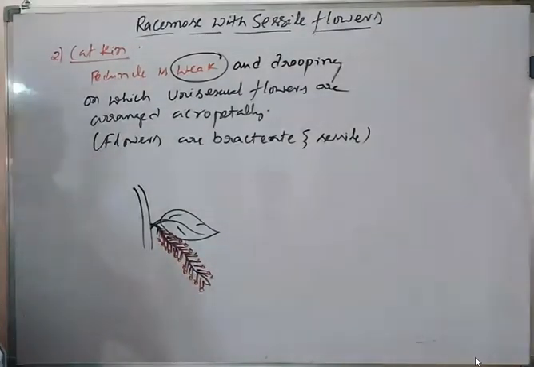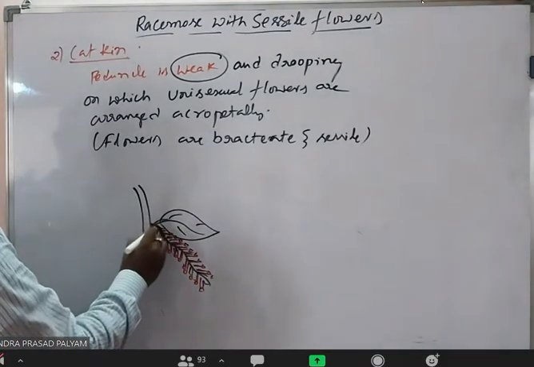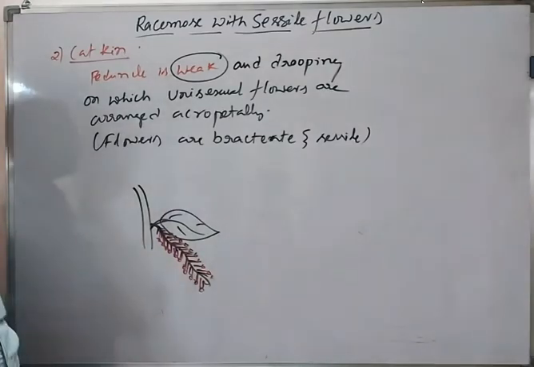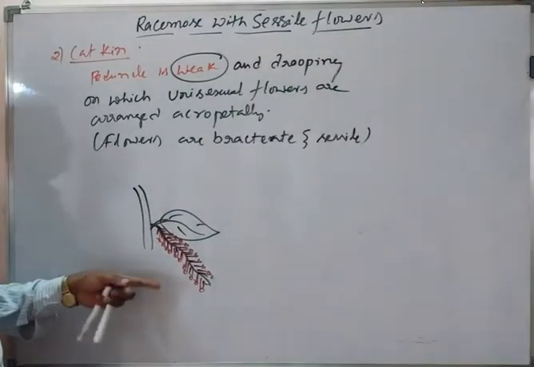Now this is called catkin. Peduncle is weak, drooping.